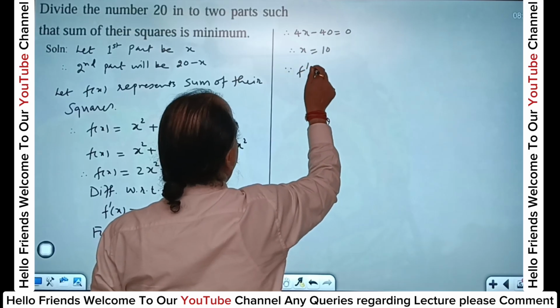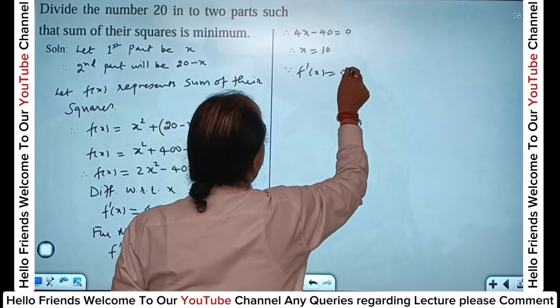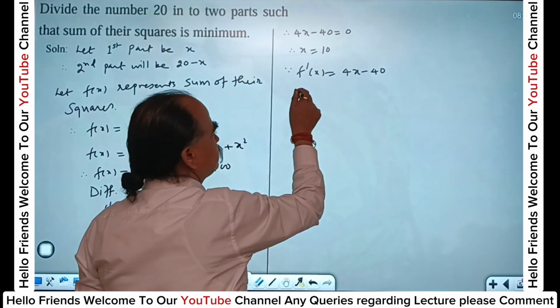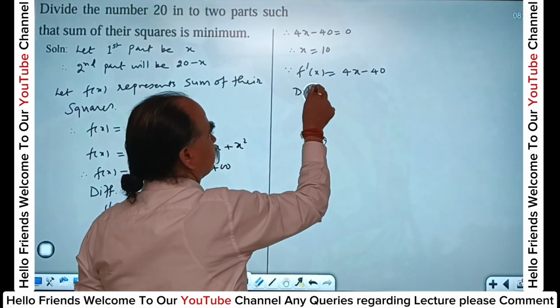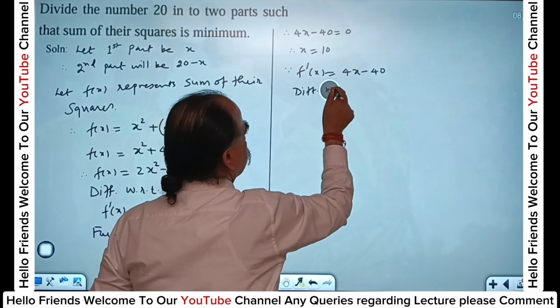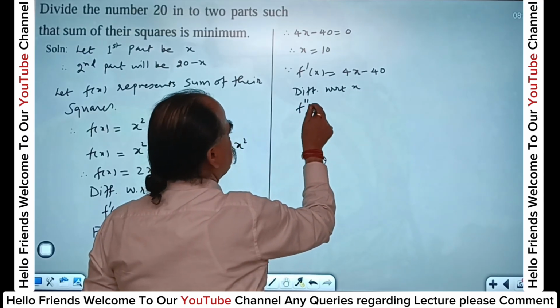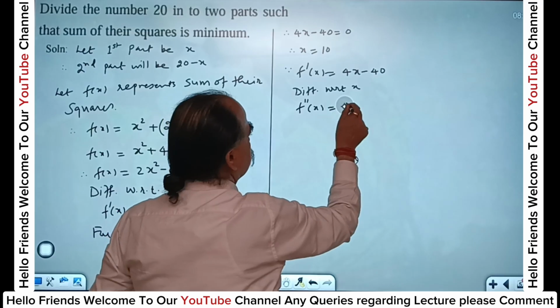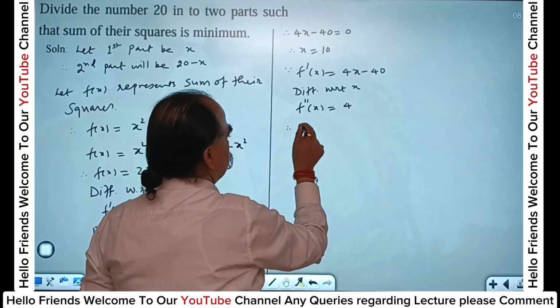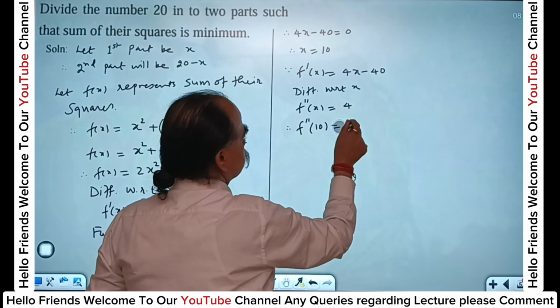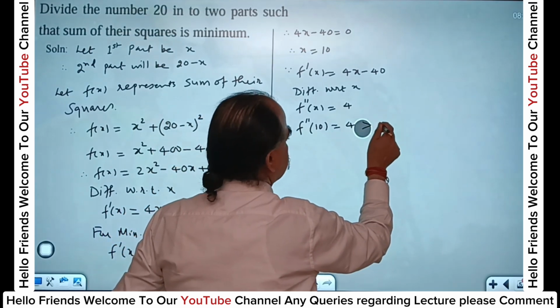Since f dash x is 4x minus 40, differentiating with respect to x, f double dash x is 4. So f double dash at 10 is also 4, and 4 is greater than 0.